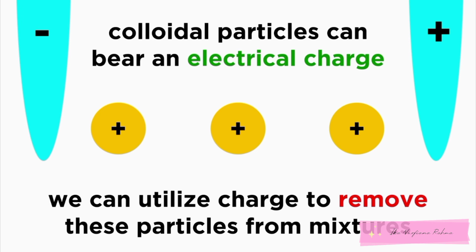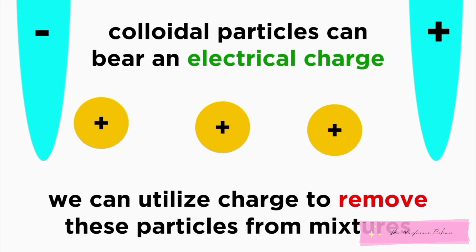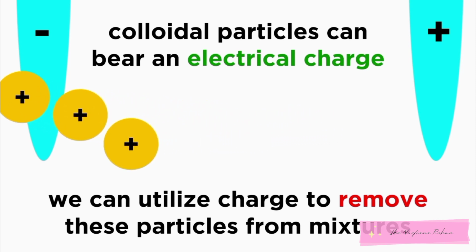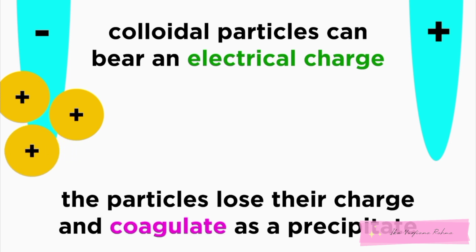We can place charged electrodes in a colloidal dispersion, and the charged colloidal particles will migrate to one of the electrodes. Once this occurs, the colloidal particles lose their charge and consequently will coagulate as a precipitate.